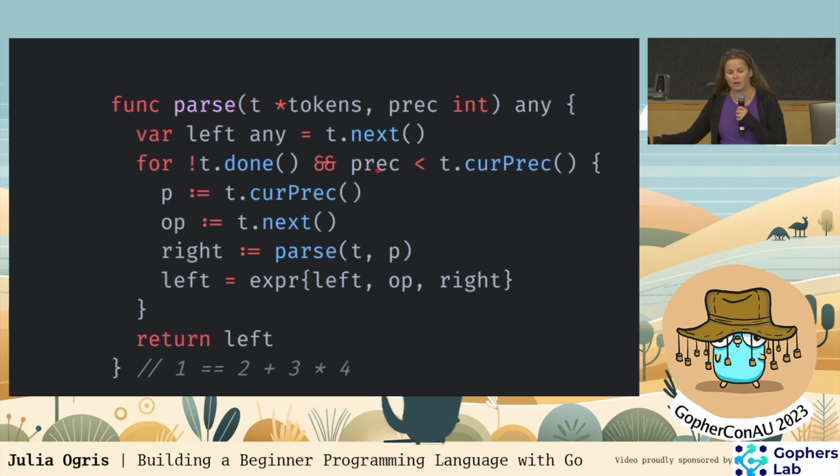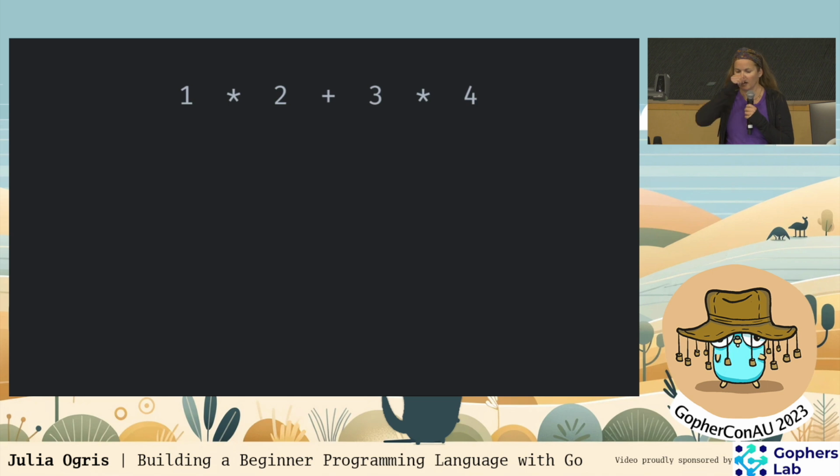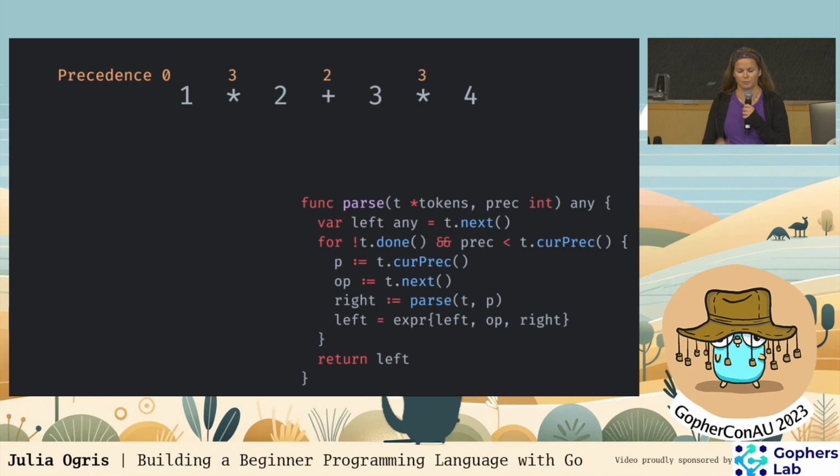So every time we step one recursion level lower, and by doing so, we build that right subtree. And very quickly, a worked example for a mix of the two, the expression we've seen before, 1 times 2 plus 3 times 4, with the operator precedence, the seed of 0, and then 3 for the times operator, 2 for the plus operator, and then 3 again for the second times operator.